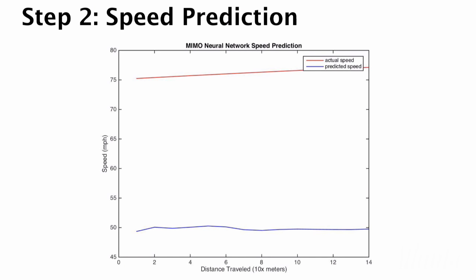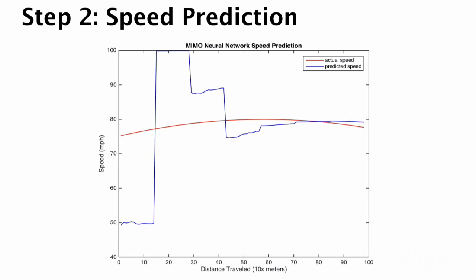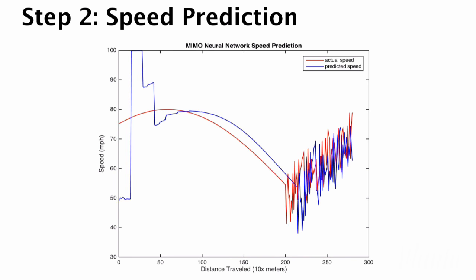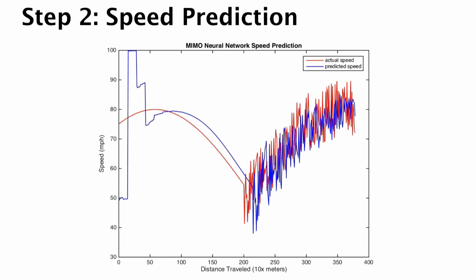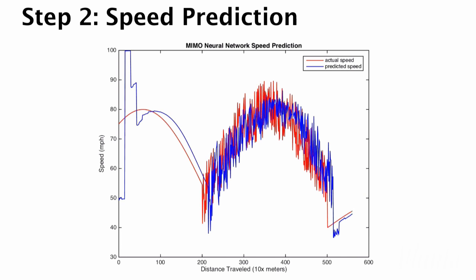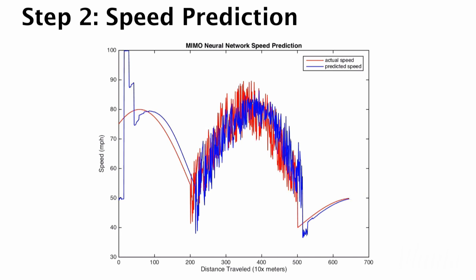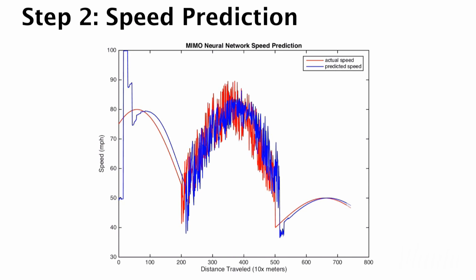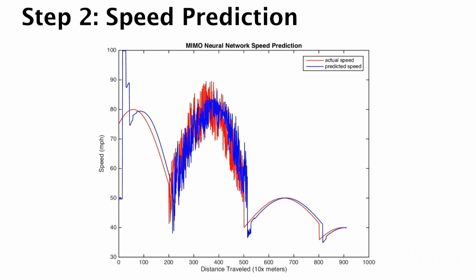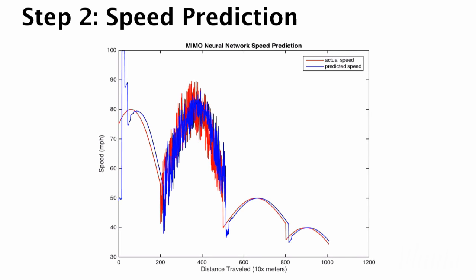The next part of the model is speed prediction. This employs a neural network and predicts the speed trace along the predicted path from the route prediction part. This video showcases how fast the model can adapt to sharp adjustments in vehicle speed over time by mimicking the activation of neurons like a human brain.